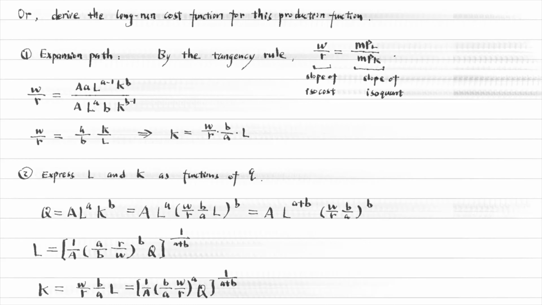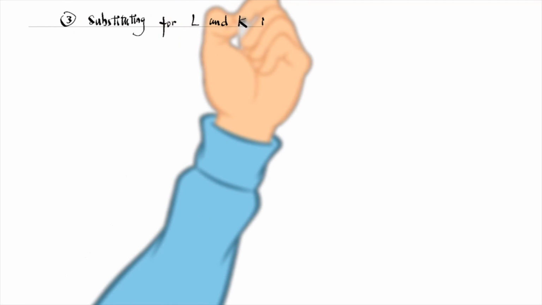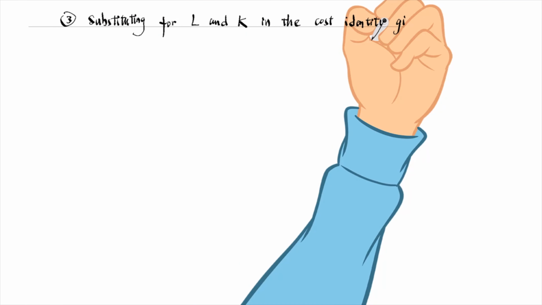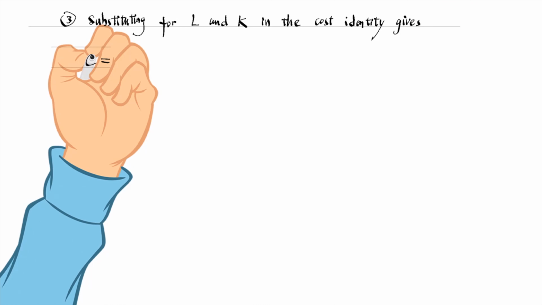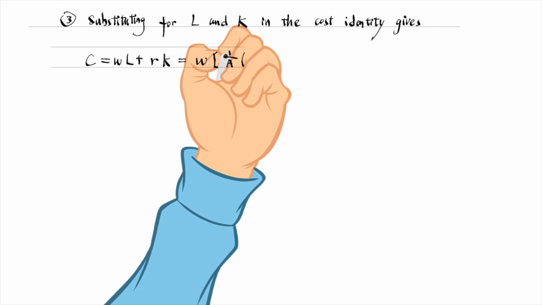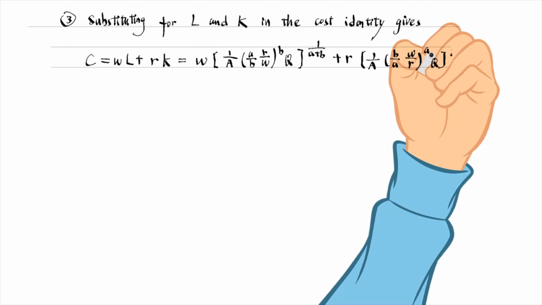In the third step, substituting for labor and capital in the cost identity gives the cost function. Cost is expressed in terms of output.